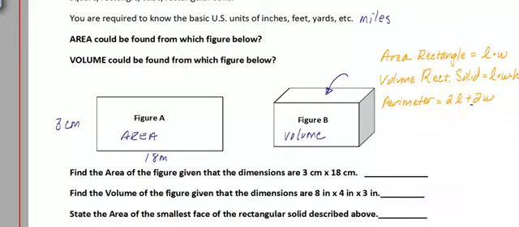All right, so back to the area. So the area of this particular figure would just be length times width. I'll just put it right here, length times width, which would be 3 times 18. And actually, let me put those units on there because that's what we're trying to emphasize. So it would be 3 centimeters times 18 centimeters. You know the drill. Okay, so let's find that value.